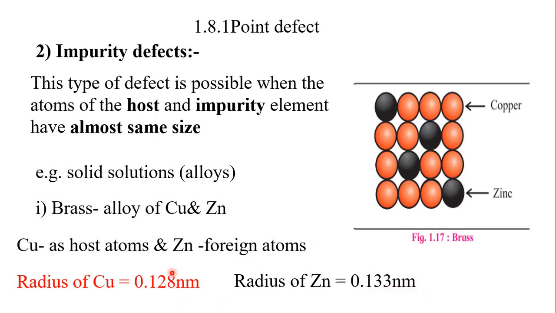See, here the size is nearly the same. So whenever the foreign atom or impurity atom has nearly the same size as that of the host atom, then such a type of effect is observed, that is substitutional impurity defects.